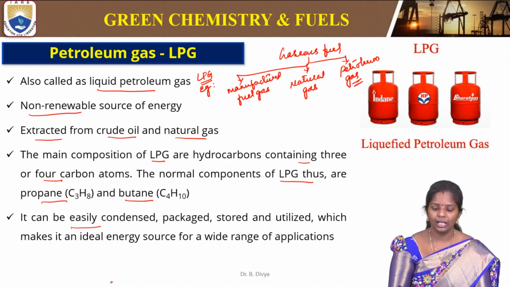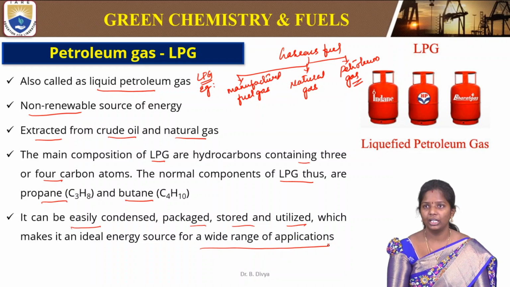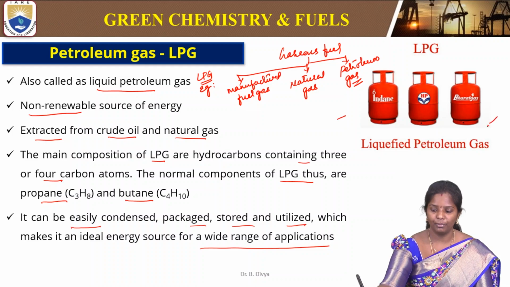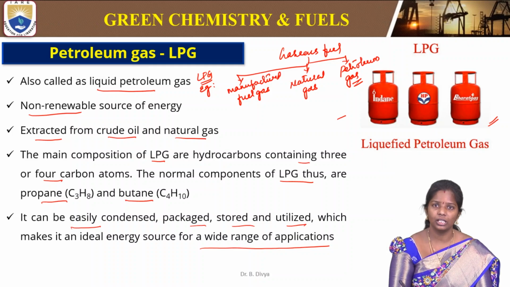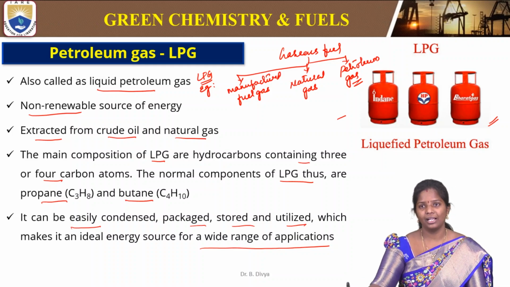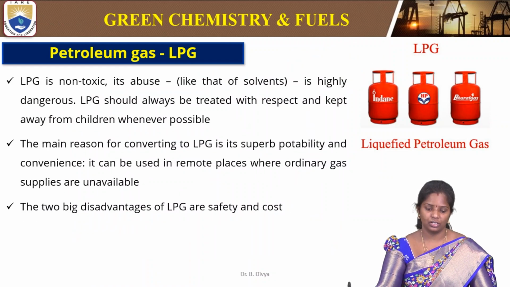So it can be easily condensed, packed, stored, and utilized, which makes it an ideal energy for a wide range of applications. In India, Indane, HP and Bharat Gas are some good examples of LPG that we use for our daily applications. It can be packed and stored easily and used for different applications.